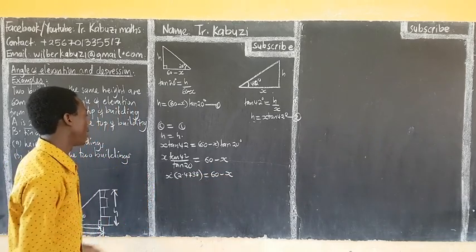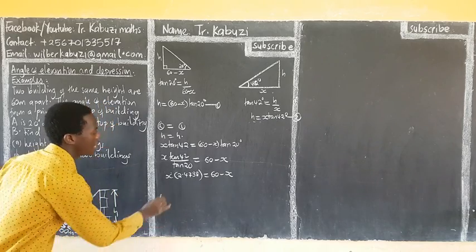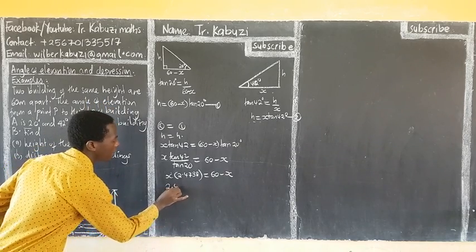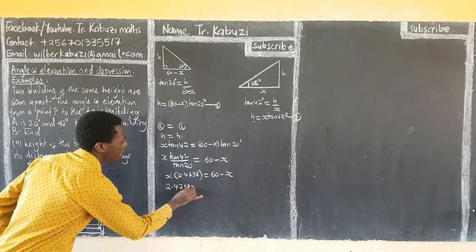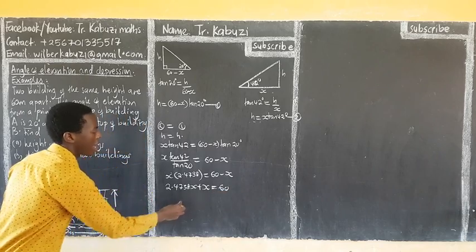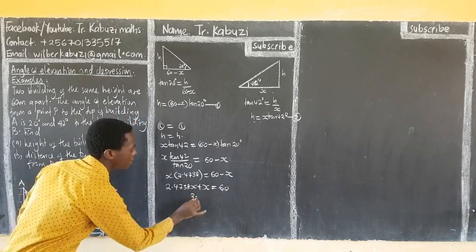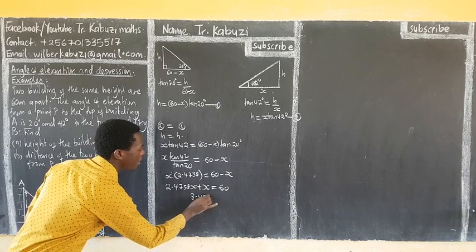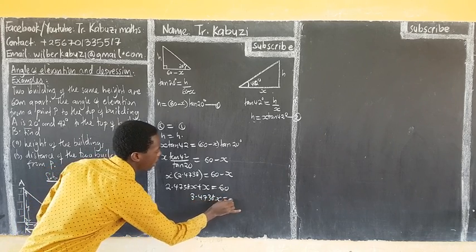So you can collect like terms and bring this aside. This would be 2.4738X plus X equaling 60, and this will give you 3.4738X equaling 60.